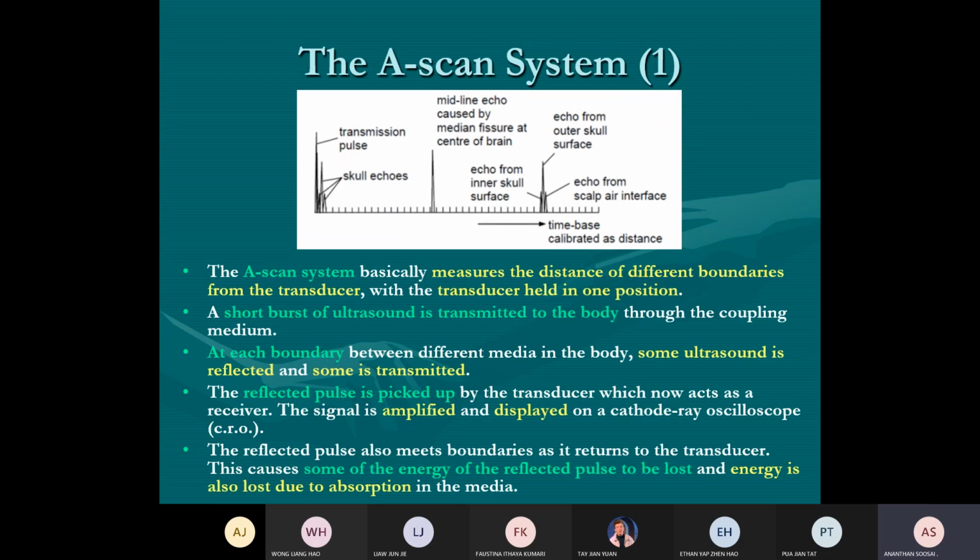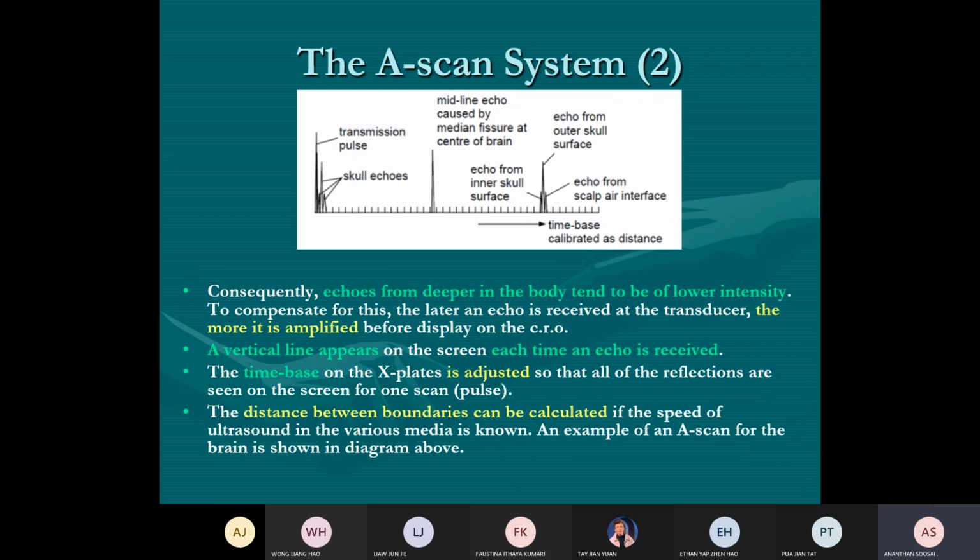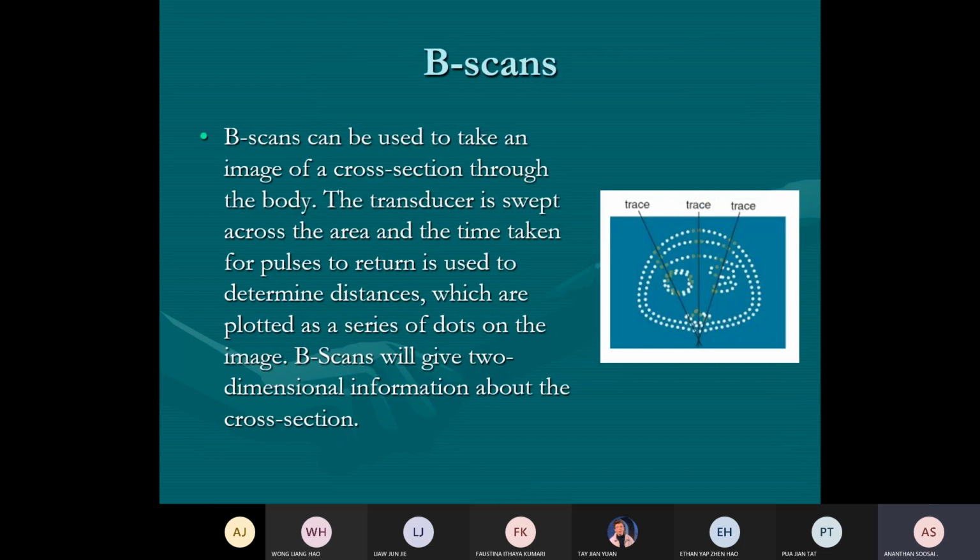Now we go for the other one, B scan, which is more advanced. B scan is a series of A scans combined. They put the transducer here for an A scan, then move the transducer around, and a few A scans are captured. The images are combined to form a layer.